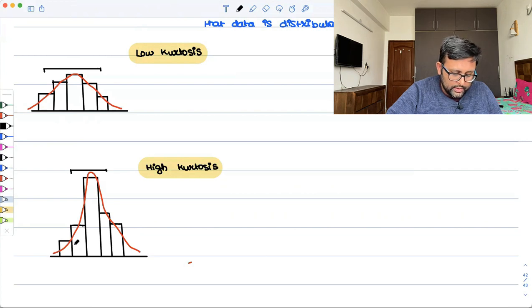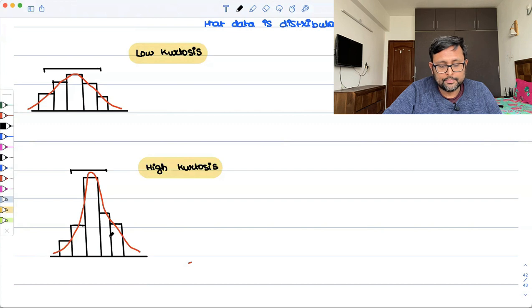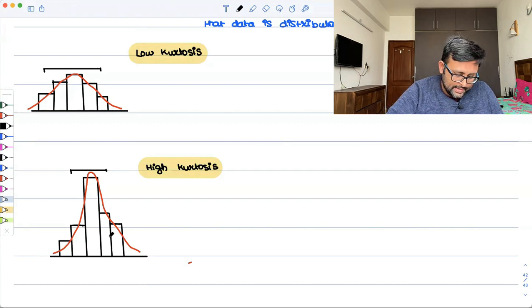So there are extreme values on the tails. You call this high kurtosis, the situation which has fatter tails, and this is less concentrated around an average. I'll give you an example. Let me write a few points.